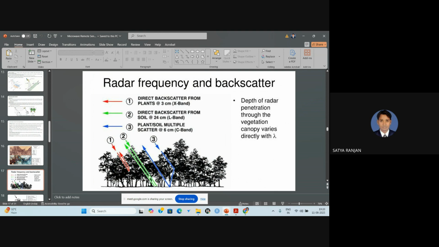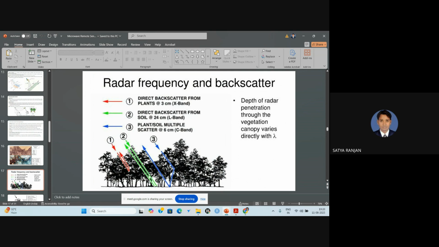So generally, why do we use microwave remote sensing? In microwave sensing, we can measure the height information of the trees, and it can penetrate through the canopy cover of the trees. That's why the growth of trees and the growth of crops are also estimated with the help of microwave remote sensing.